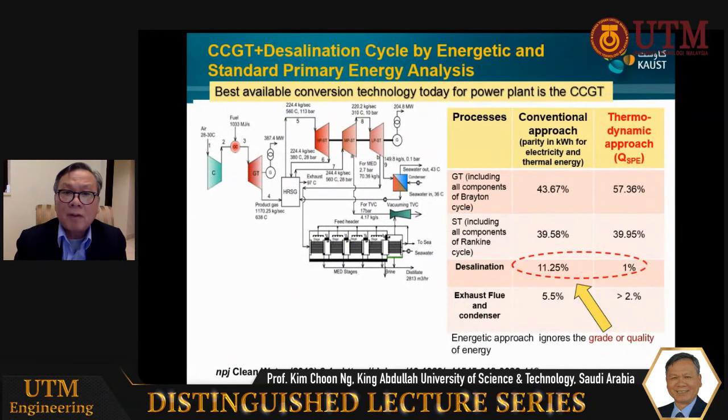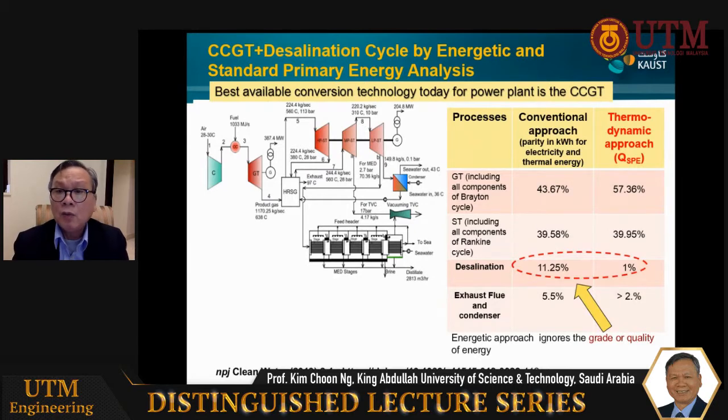So we can also compare the conventional approach in the table on the right-hand side, where we use the energetic approach, where the parity between kilowatt-hour electric and kilowatt-hour thermal are set as the same. Their proportions of energy usage is given as 43% for the gas turbine, for the steam turbine about 39.58%, desalination is about 11%, and the exhaust flue gas that is coming out of the gas turbine and the steam condensing in the condenser is about 5.5%.